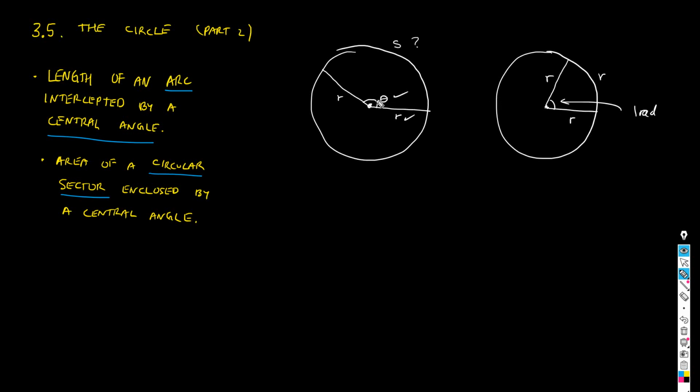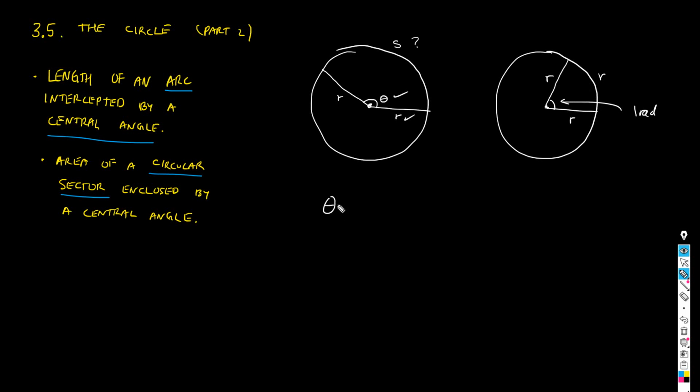Let's say that this angle is twice this one, then all of this arc S should also be twice this arc R. So this over this is equal to this over this. And that is always true.